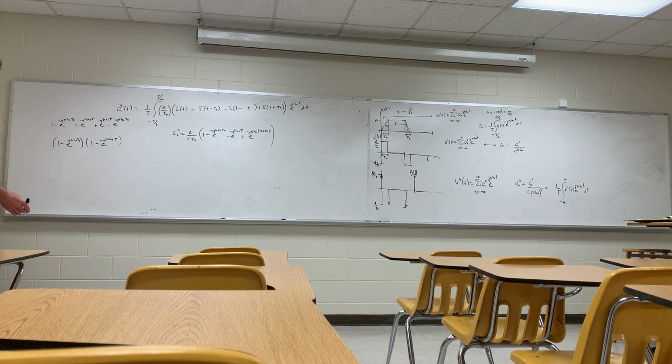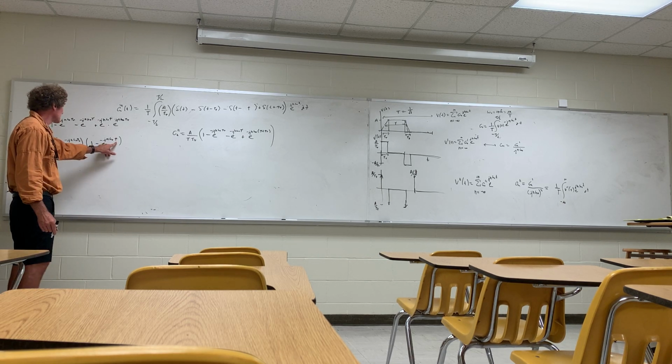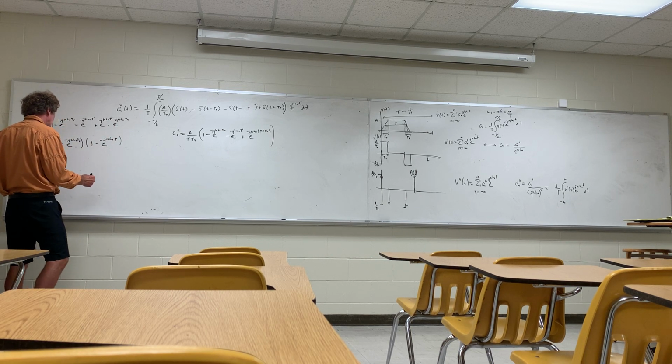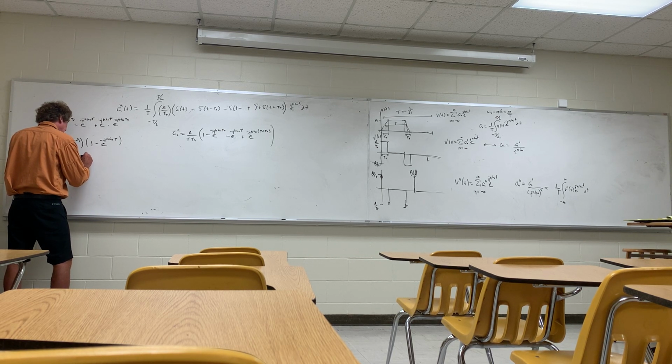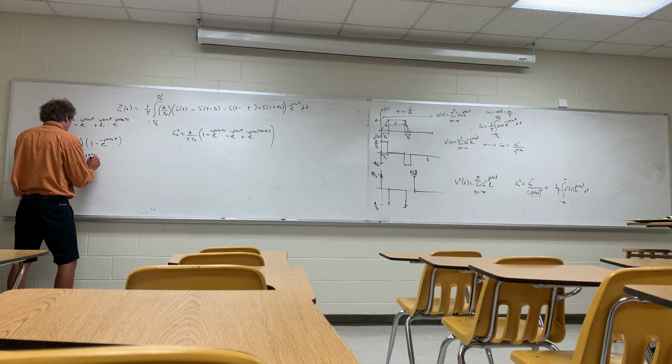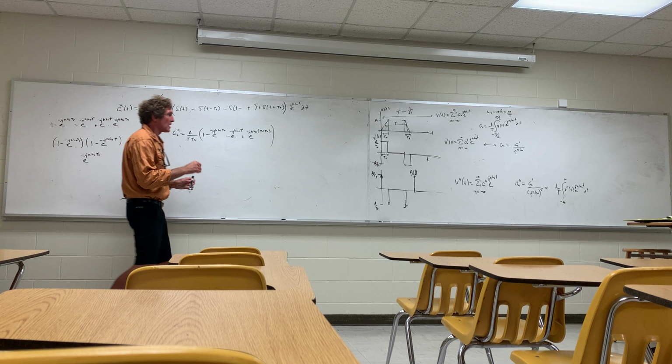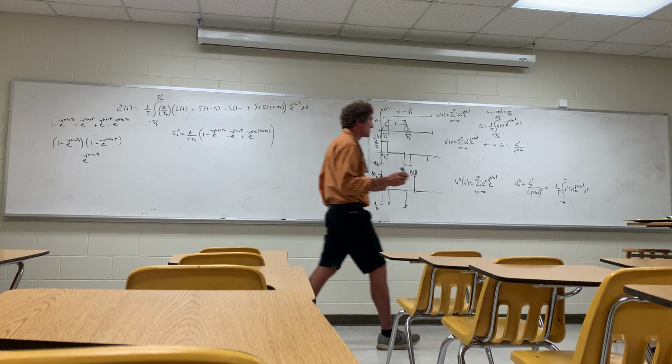Now keep watching, because here's where it gets interesting. When I have that factor as such, remember that's just tau, and this is tau rise, and that's tau. Now I'm going to pull out the front here. I'll do it over here, so you can see it.